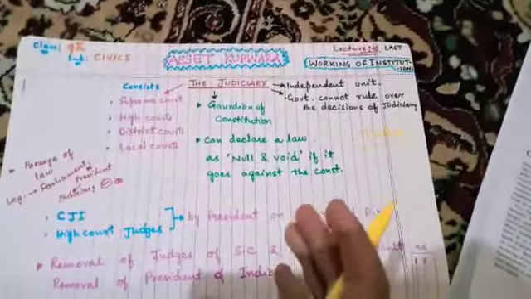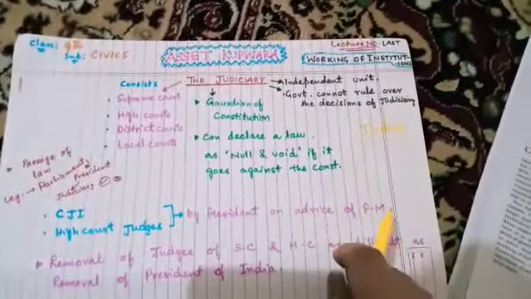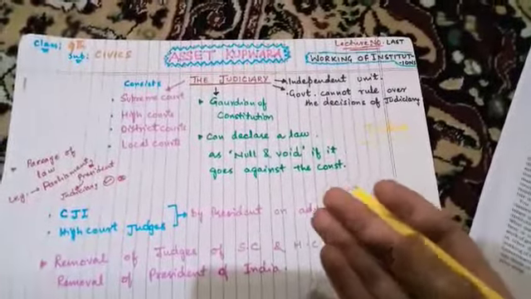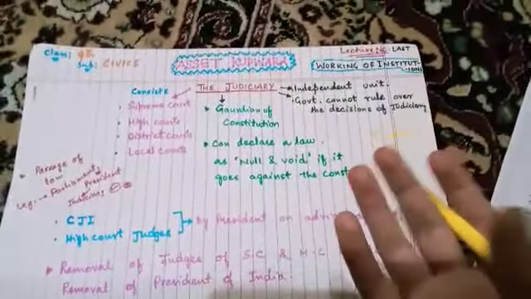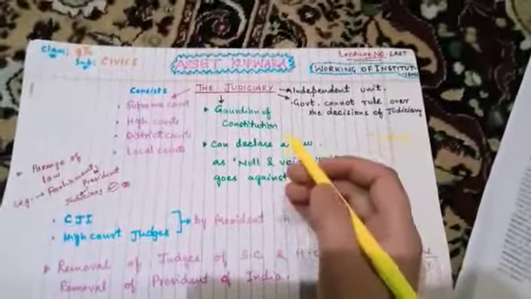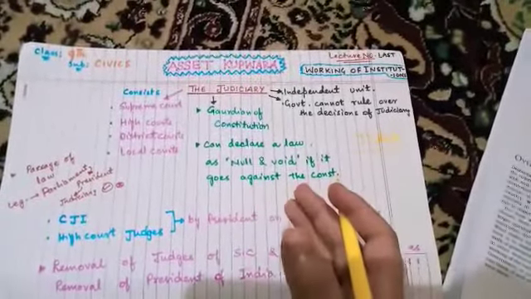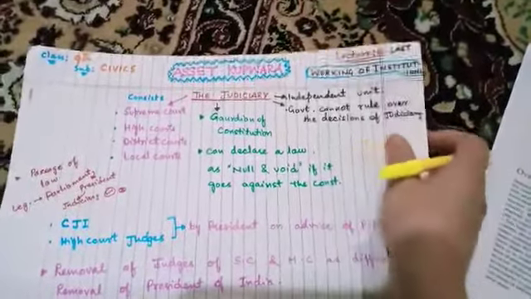Constitution we have discussed in detail in the previous chapter of this civics. The constitution is actually the set of rules by which the country runs smoothly, and those rules are guarded by the judiciary. What does it mean that it guards the constitution?